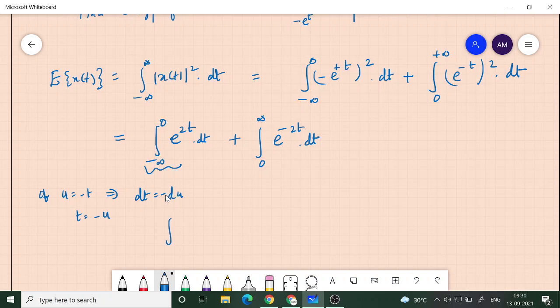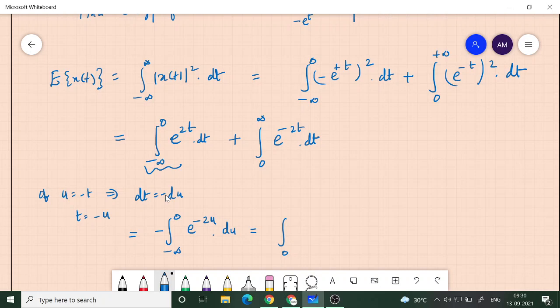So the first integral is going to become minus infinity to 0 e raised to minus 2u du with a minus sign, because of this minus, and this minus and the integral limits you can exchange to make it plus, so it is 0 to, since when t is equal to minus infinity, u becomes plus infinity.